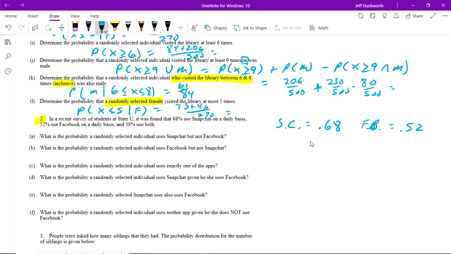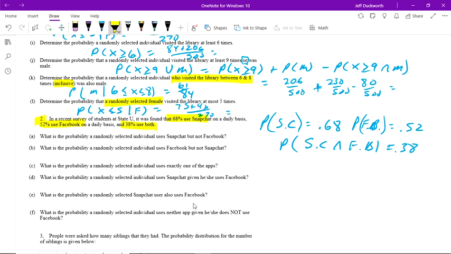And their intersection, I guess we can just do probability of Snapchat, probability of Facebook, and probability of their intersection. Snapchat intersect Facebook is 0.38. That is the given information from the problem: 68% Snapchat, 52% Facebook, 38% their intersection.